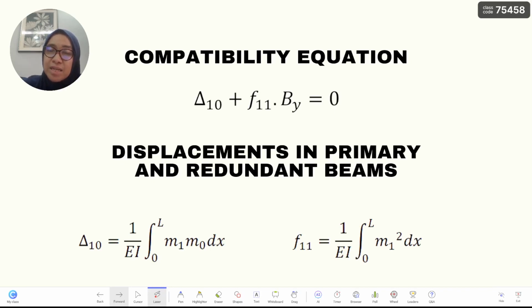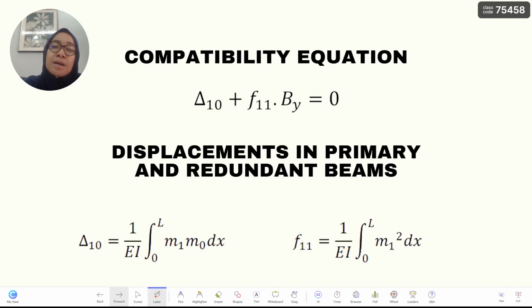This is displacement at the redundant position based on the principle of superposition, as I explained in the previous video. Inside this compatibility equation are two displacements, delta 1 naught and F11.